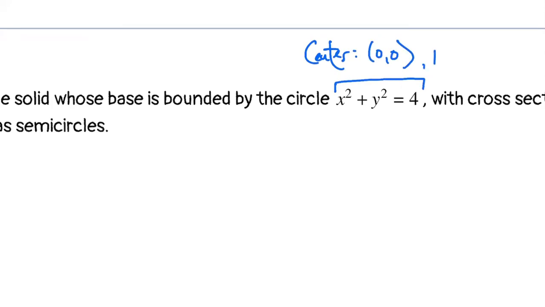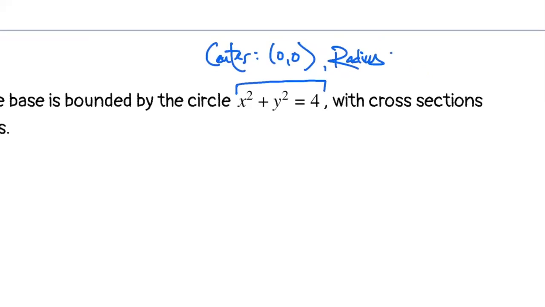Our radius is the square root of 4, or 2. If you see a circle equation in this form, the number on the other side doesn't give you the radius, it gives you the radius squared. So as long as you take the square root of that number, you'll end up with the radius.